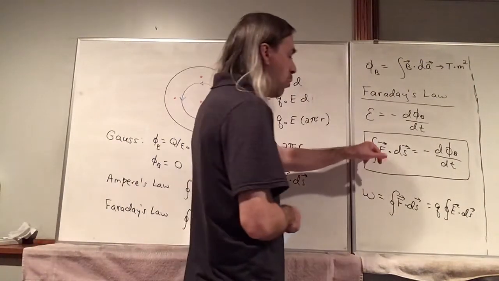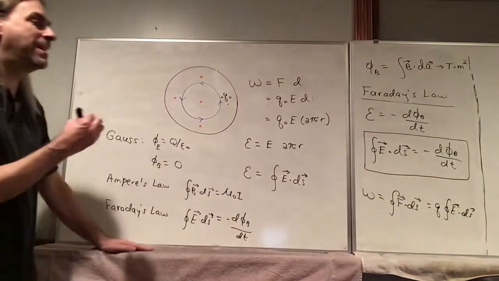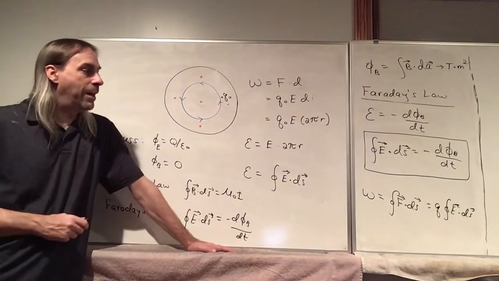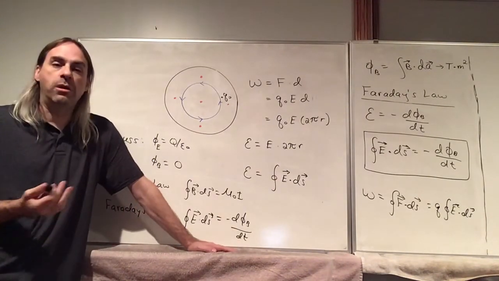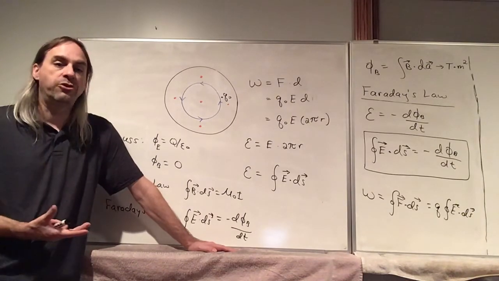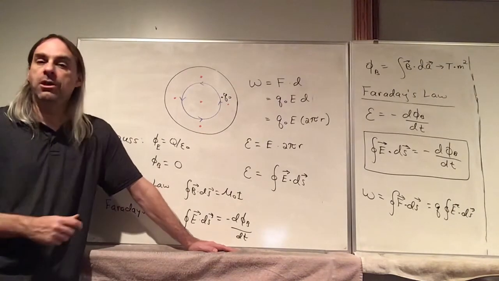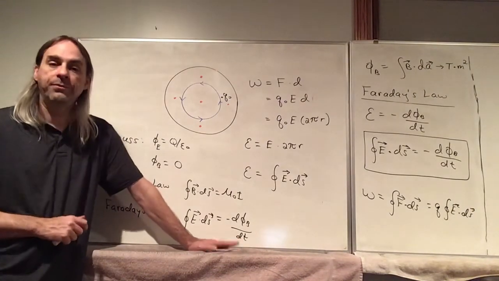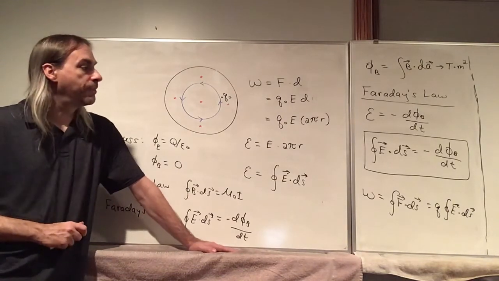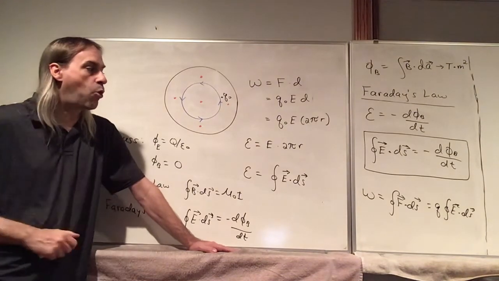Here, the work is just Q times this. And again, if there is a changing magnetic flux present, then this electric field is no longer conservative, and we can't define a simple potential function like we did before. So we're actually dealing with a non-conservative situation right now. And so that's something to definitely be careful about. The idea of conservative and non-conservative is extremely important.